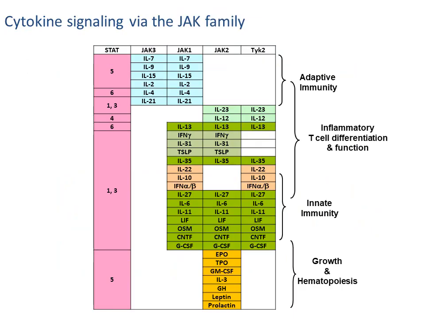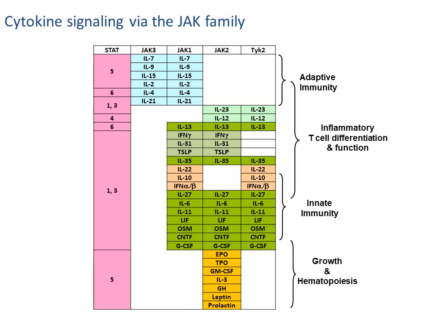So when we have cytokine signaling via the JAK family, it is simple internally, but very complex externally. Let me explain why I say that. We have the 4 different JAKs in this table, in the columns. But what you can see here is that internally, we can have different pairs of combinations of the JAKs that signal through particular STATs.